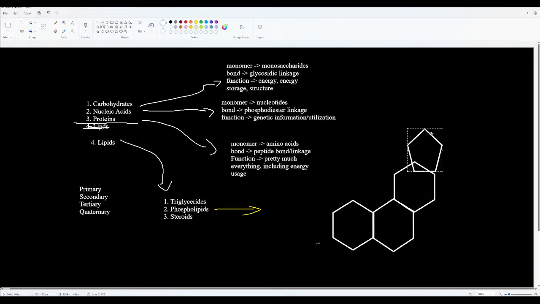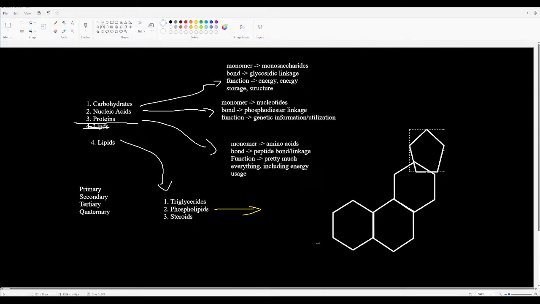Just know that when we have this 4-ring structure, that is a steroid. You don't necessarily have to know what a steroid does. You just have to know that hormones can be lipid in the form of a steroid, right? Or a protein, right? So a good example of that would be estrogen versus something like, I just talked about it earlier, insulin.